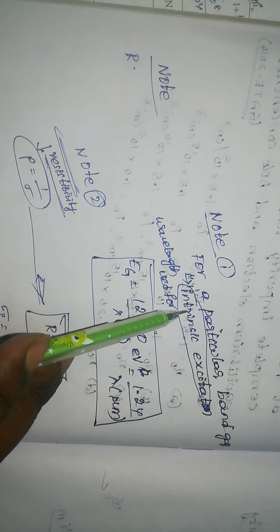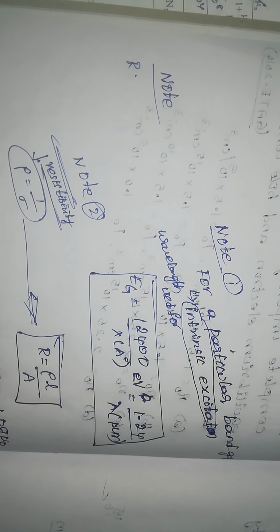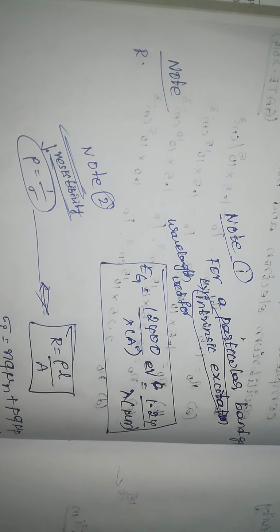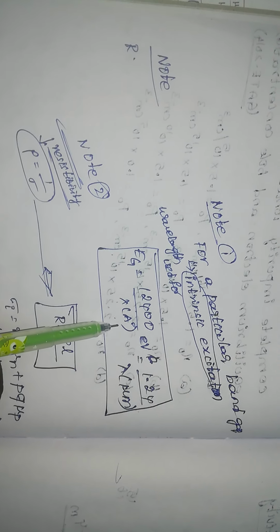If I have an extrinsic semiconductor that wants to be excited, that means an electron moving from valence band to conduction band with an energy gap of some 1.1 or 1.2 electron volts, how much wavelength is required to make that valence electron become a free electron is calculated using the formula Eg equal to 12,400 electron volts by lambda, in the units of angstroms.